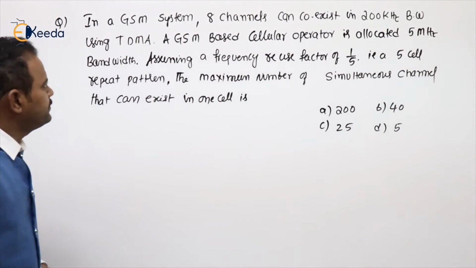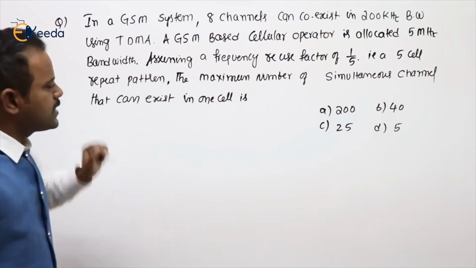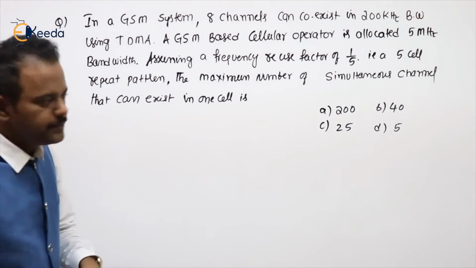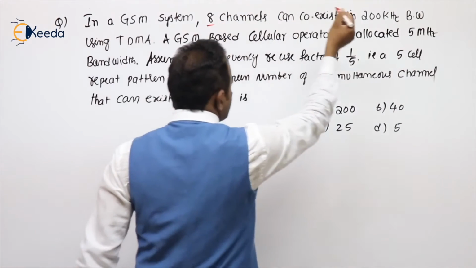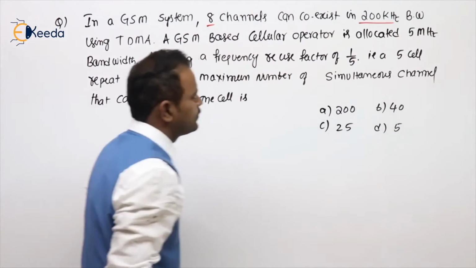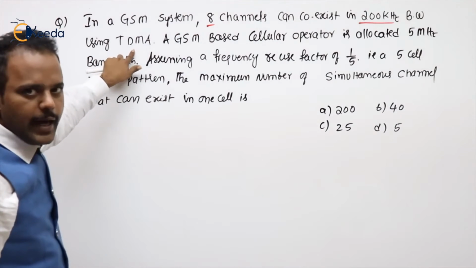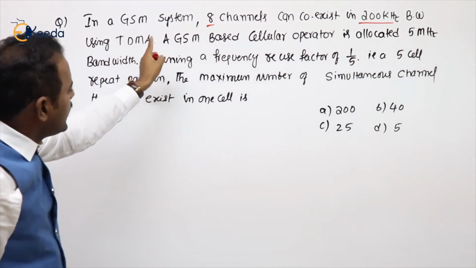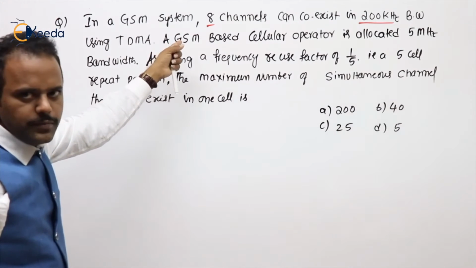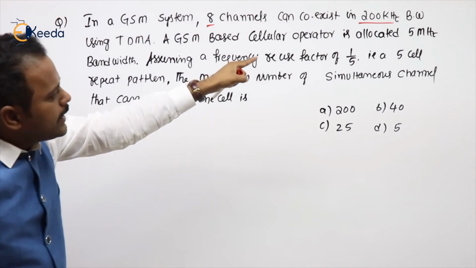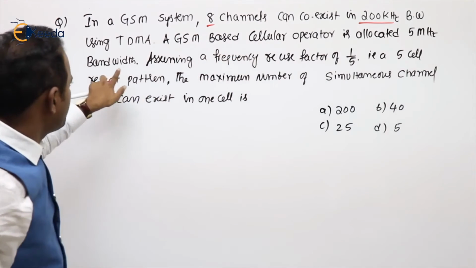See the next problem. In a GSM system, 8 channels can exist in 200 kilohertz bandwidth using TDMA technique, time division multiple access. A GSM, global system for mobile, based cellular operator is allotted 5 MHz bandwidth.